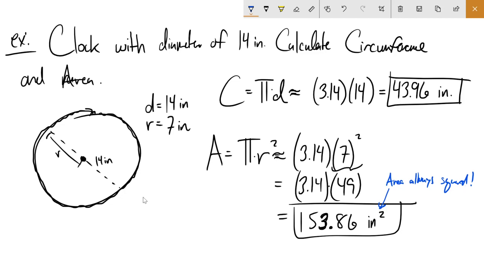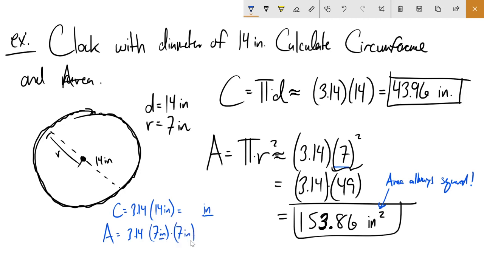Actually, the reason why is because of the units. We didn't keep track of it. But see, in the circumference, pi has no units, but 14 did. It was inches, right? And so in our calculation, it came out to be inches. But in the area, we squared 7, right? It was 7 inches times 7 inches.